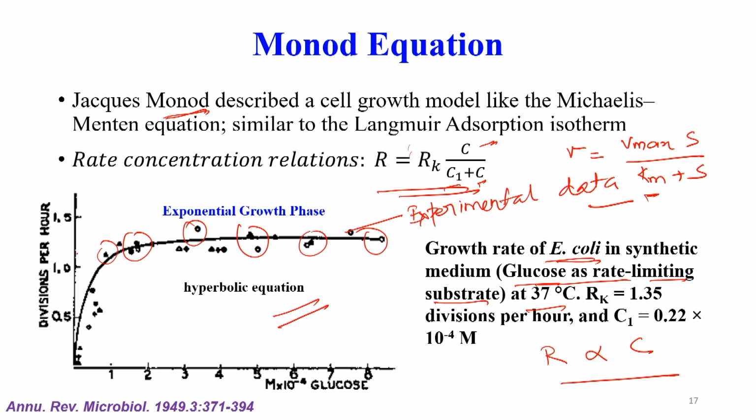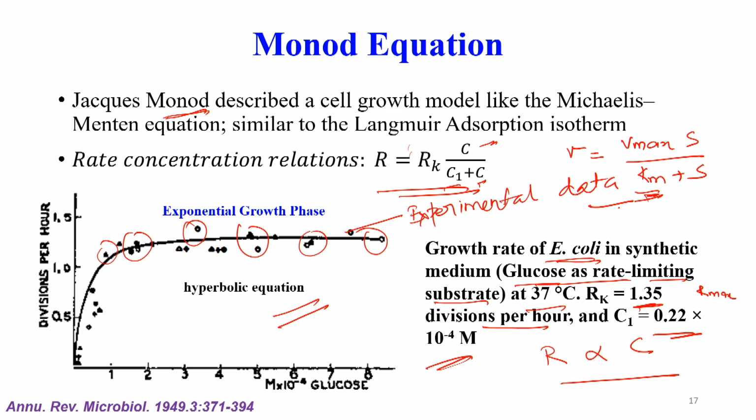So, what was the maximum value observed here? Rk is 1.35, so Rk correlates with the R max. So, R max is 1.35, and C1 value is, if you remember, what is the Km value?